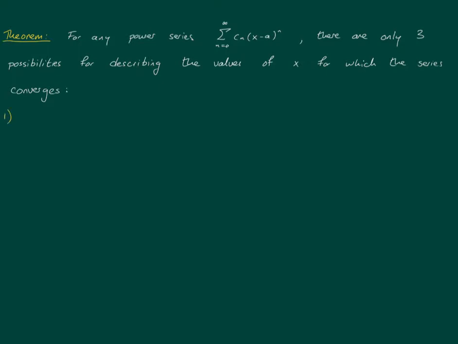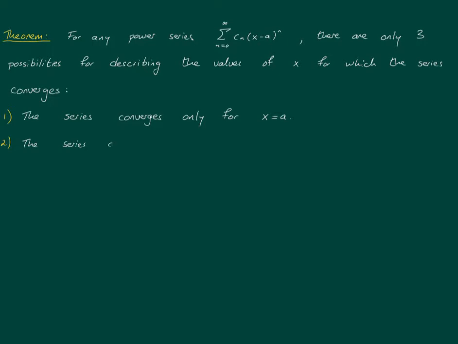Possibility 1. The series converges only for x equal to a. So we know the series always converges at x equals a. The first option is that that's the only place where it converges.